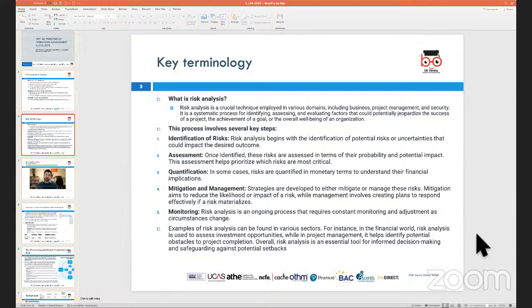When we talk about mitigating, what we are looking at is understanding how we avoid this particular risk, or how we do away with it, or what action needs to be taken in order to ensure that this does not happen again.